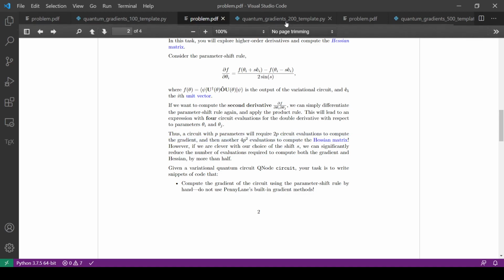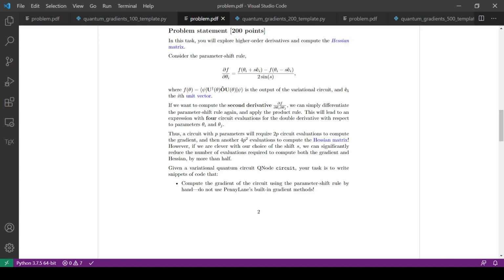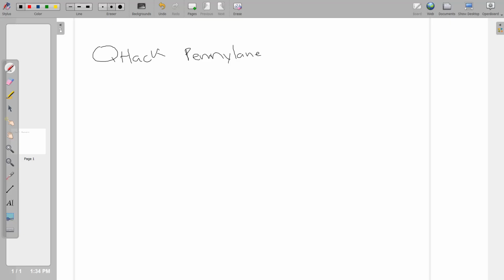So first, before I get into code, let's talk about how we can do the Hessian more efficiently. We know that the Hessian is this matrix of partial derivatives.